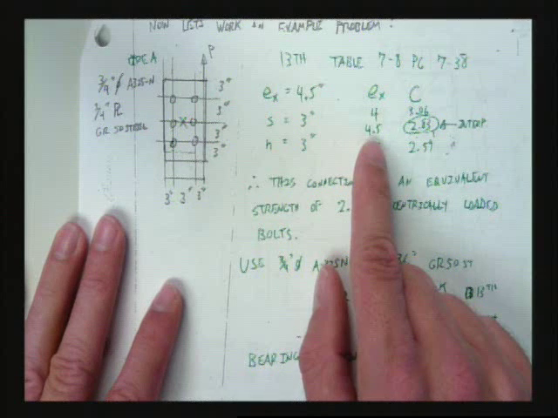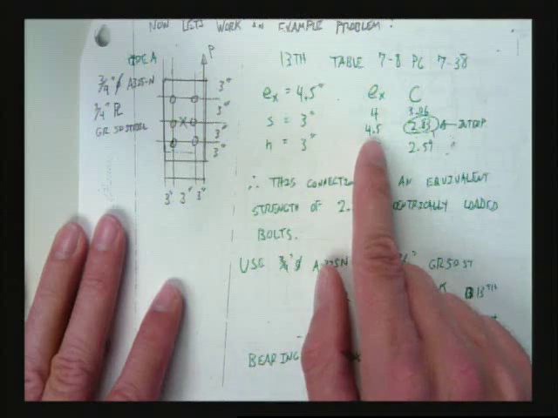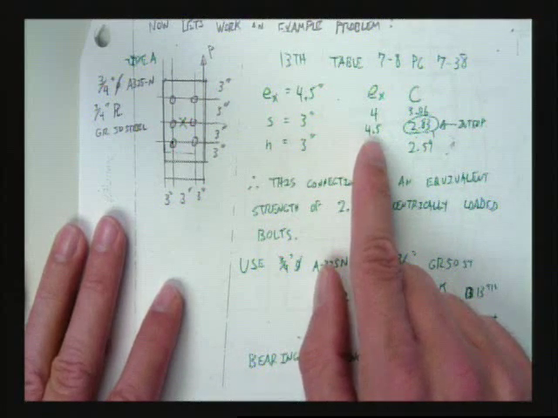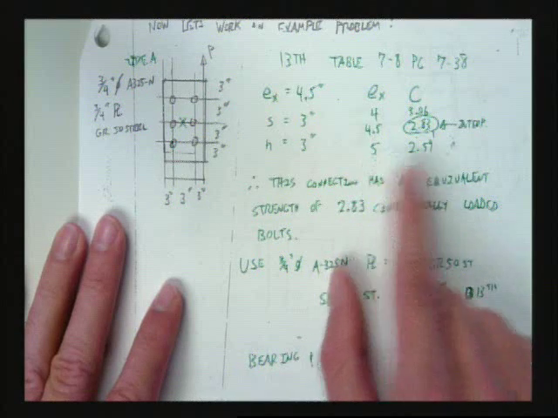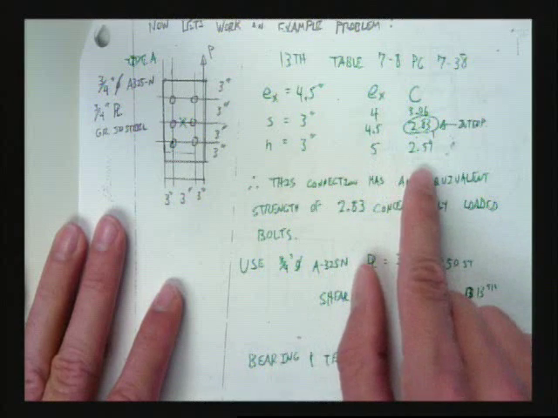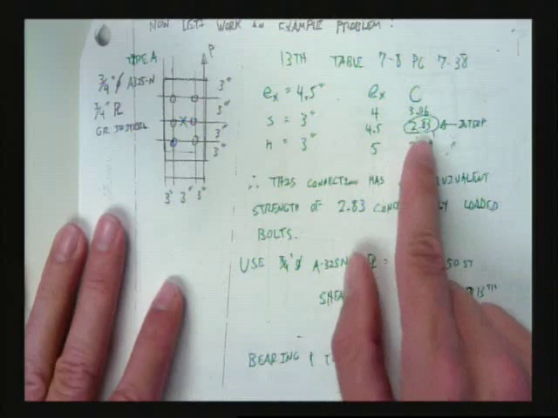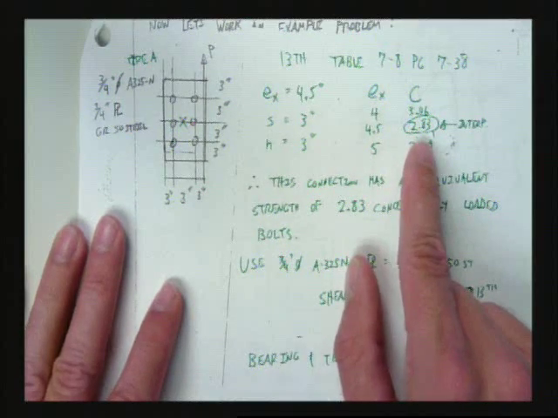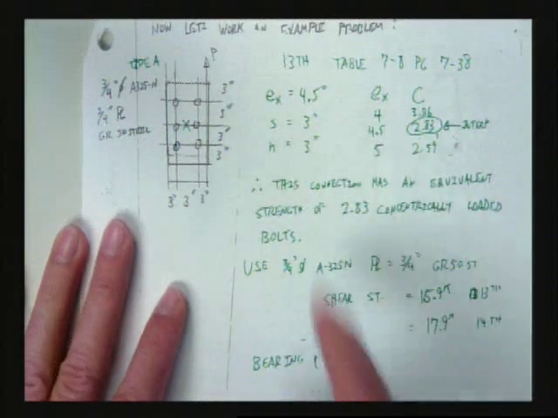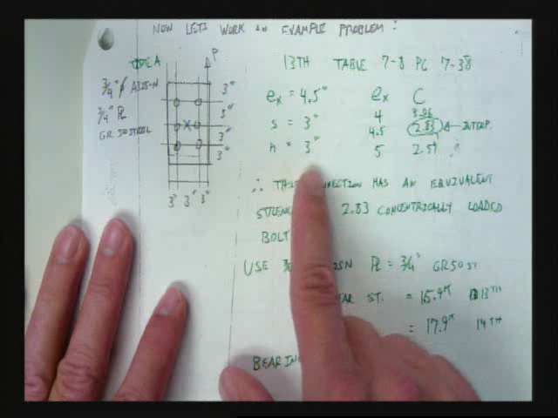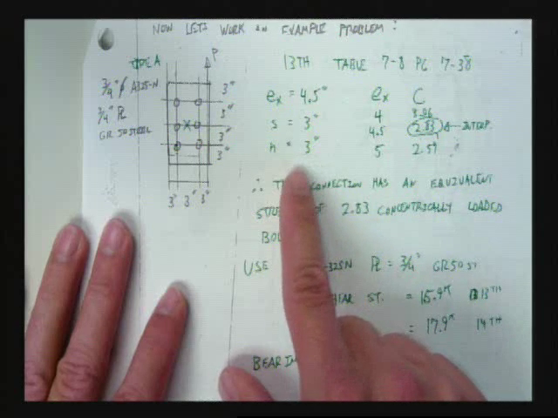Can't do it? Not good enough. You could use 4 or 5, but you'd use the conservative answer, the one that requires more. Or you can interpolate, right? You can interpolate for the eccentricity and for the bolt spacing. I don't know how you could interpolate for the number of bolts, though. 3.5 bolts? I don't think that was going to work, right?